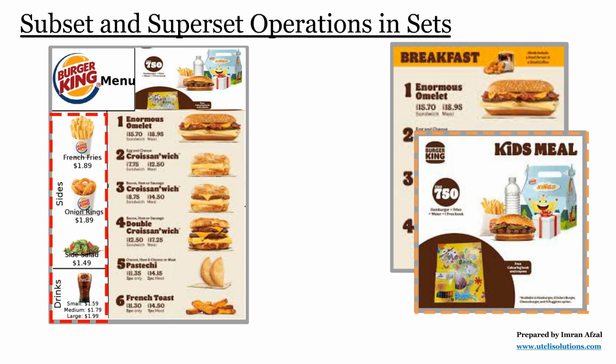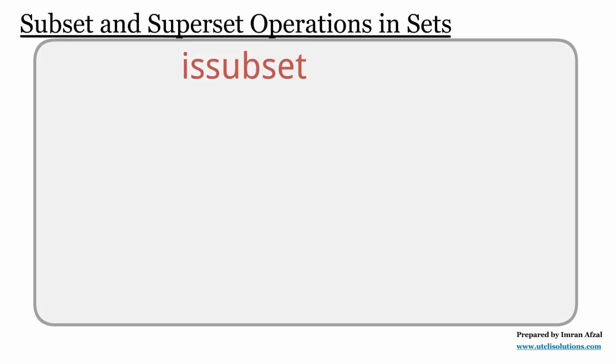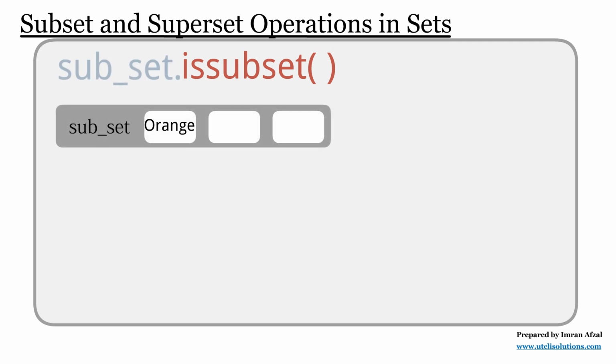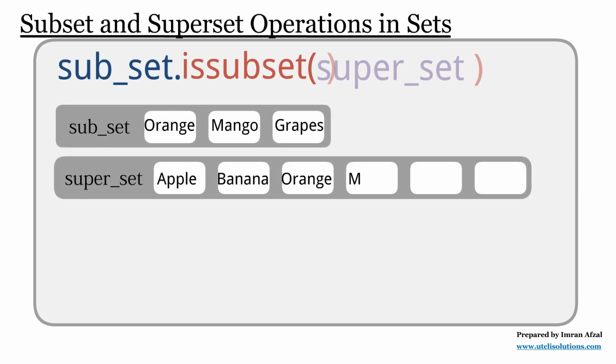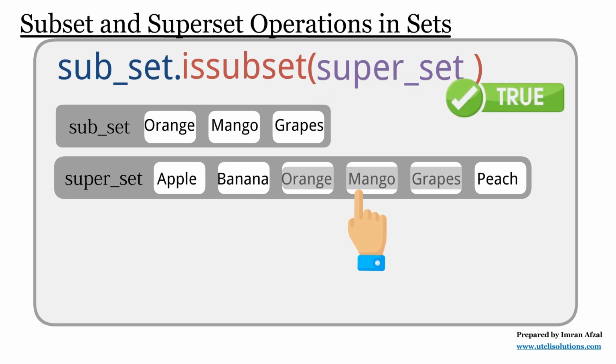In Python, we use the issubset function to check if all the items in one set are also present in another. If every item from the first set exists in the second set, it returns true, meaning it is a subset.